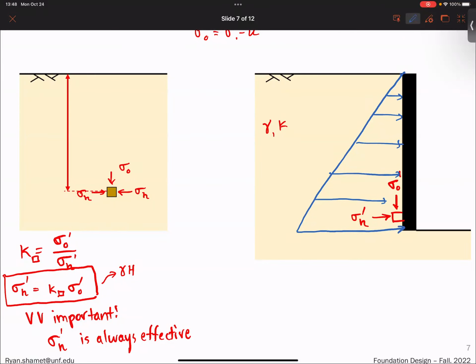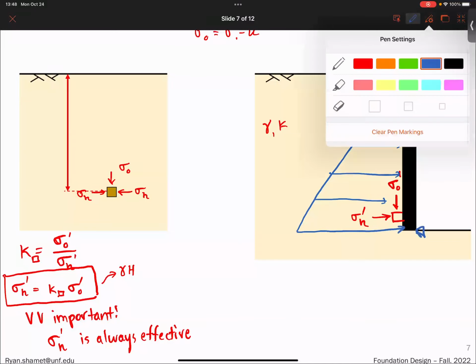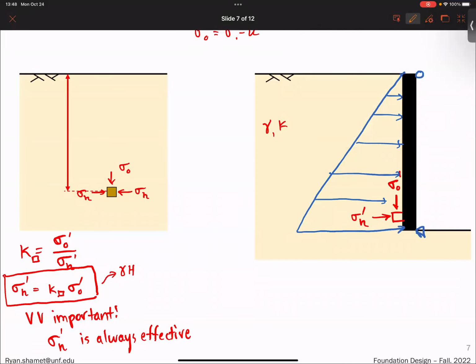And if you tilt your page over and draw this as a beam, then you can see how it just looks like a triangular distributed load, right? So that's where we have to unfortunately go back to statics or structural engineering, and we can calculate the resultant force, which is used for design. And how we show this usually is as a P. So this is the resultant force P.